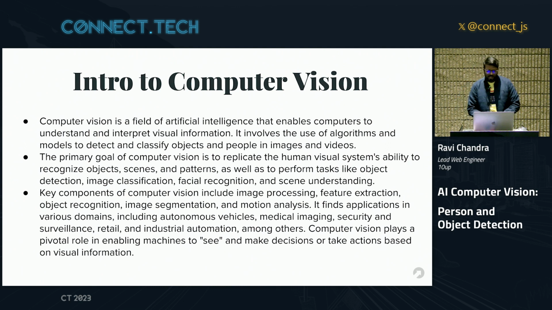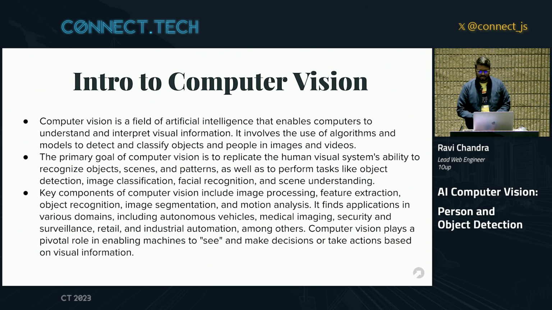Now, when we talk about computer vision, it's a field within artificial intelligence itself, which enables computers to understand visual information. It does that with the use of different algorithms, different models, which are trained on a lot of existing images to classify objects and people.